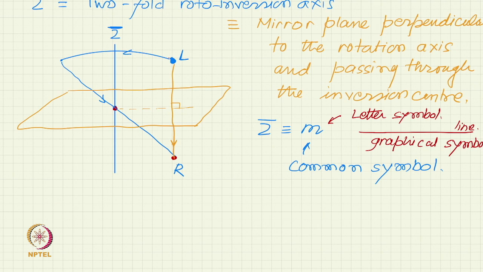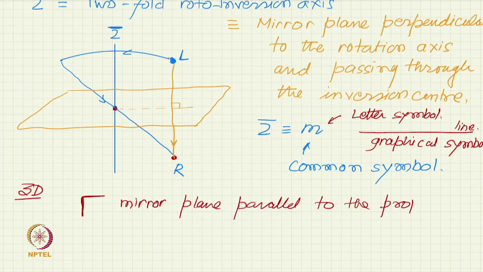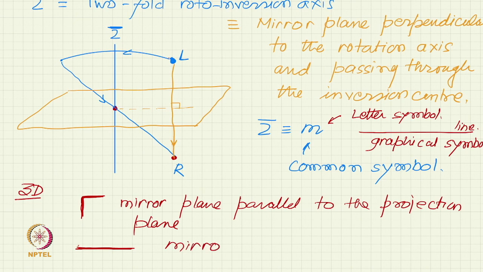In orthographic projections, either our mirror plane will be parallel to the projection plane, in which case you show it like this. So, in the corner of your projection, in the international tables you will sometimes see something drawn like this, then you know that the projection plane is a mirror plane. And if in the projection you are seeing a line like this, then you know that there is a mirror plane perpendicular to the projection plane.